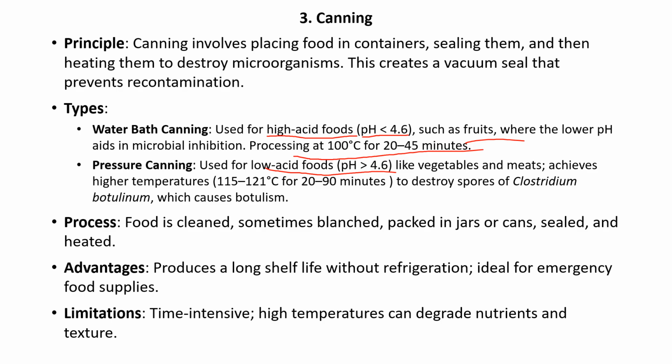Pressure canning is somewhat similar to sterilization. Here the food is inside the cans. In the process, the food is cleaned, sometimes blanched, packed in jars or cans, then sealed and heated.